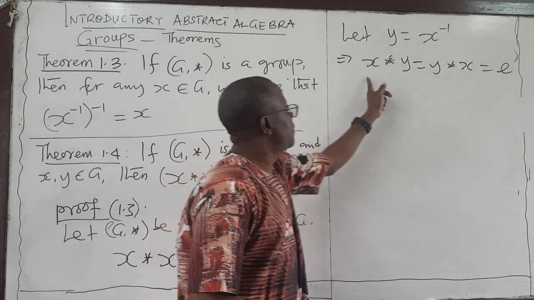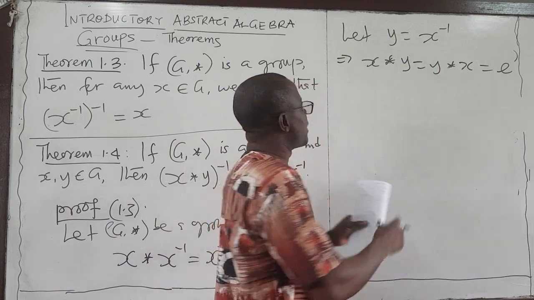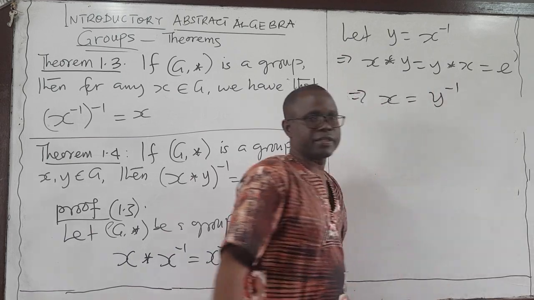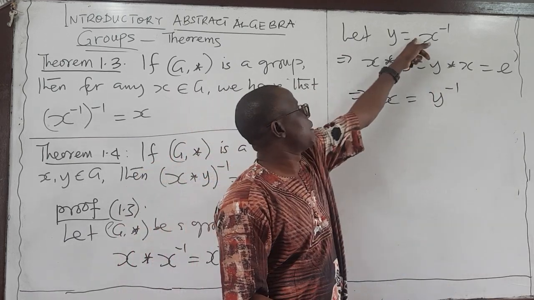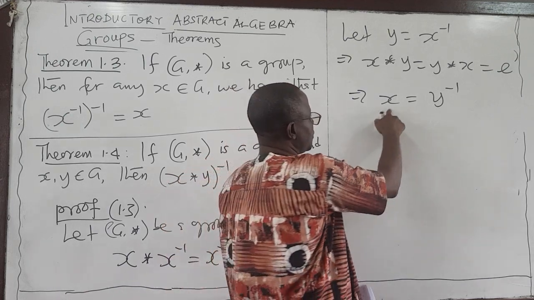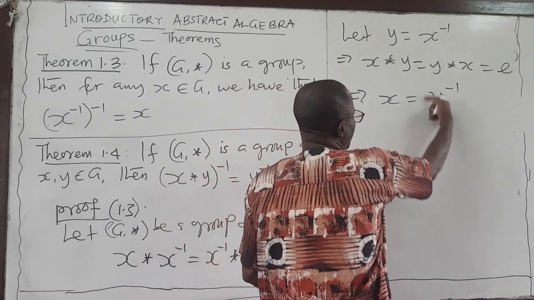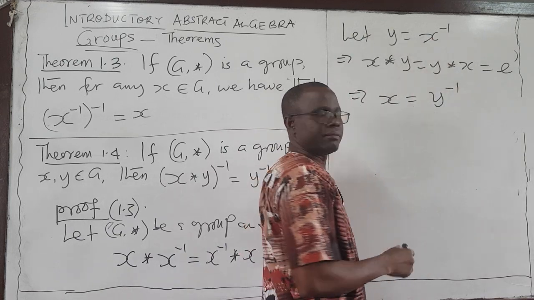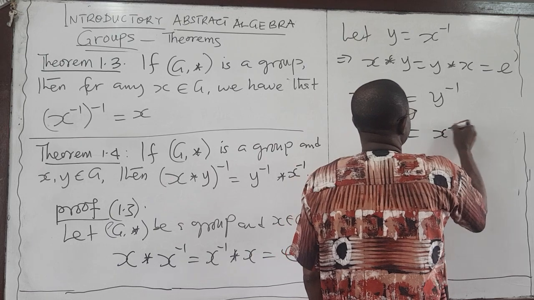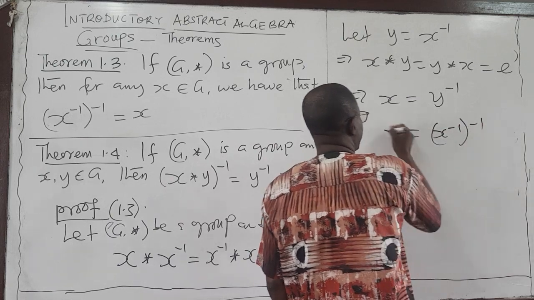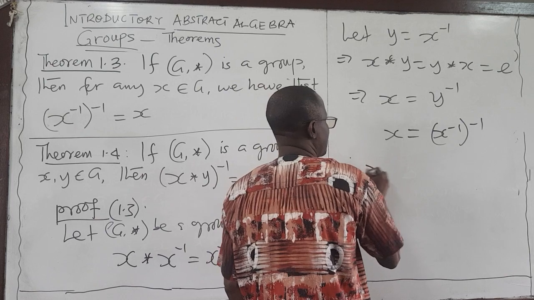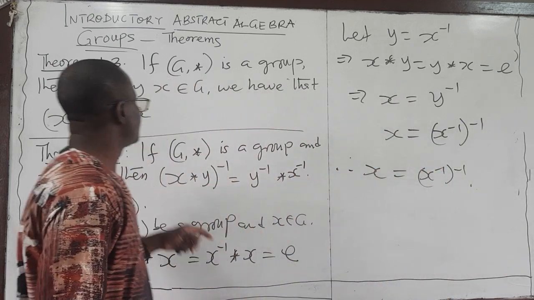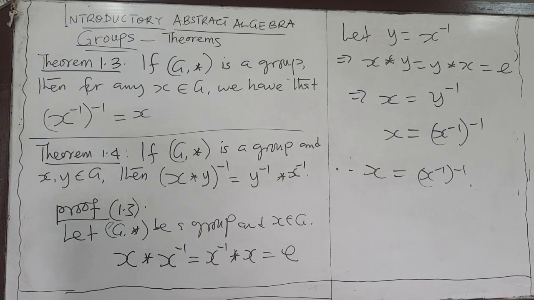Y is in G, but if this holds, then one is the inverse of the other, right? So this basically means that x is equal to y inverse. We know what y is. Y is equal to x inverse. So wherever I see y, I can replace it with x inverse. So this is equal to the inverse of x inverse. Therefore, x is equal to the inverse of x inverse. Okay? So that is what we wanted to prove.